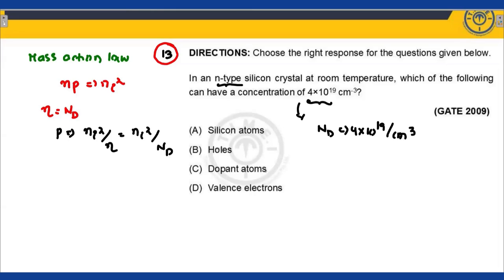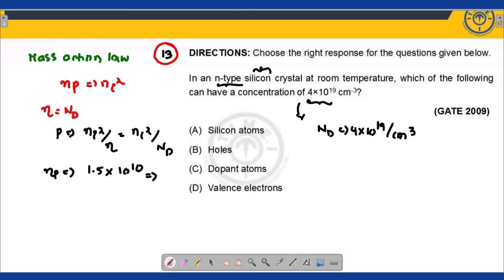Okay. Ni, the standard value everyone knows. This is for the silicon sample. That is equal to Ni equal to, very important, 1.5 into 10 power 10 per centimeter cube. This is the value, my dear students, you are going to get.